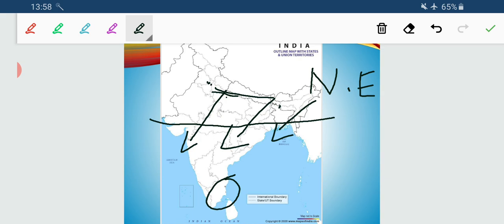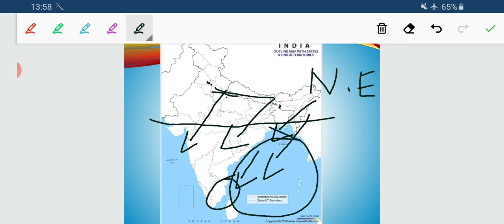So the winds which are coming from this part come to the part of the Bay of Bengal. Now, the winds which are coming from the landmass, what is the nature of these winds? These are dry winds. They do not have any moisture, or they are not able to absorb any moisture from the land.